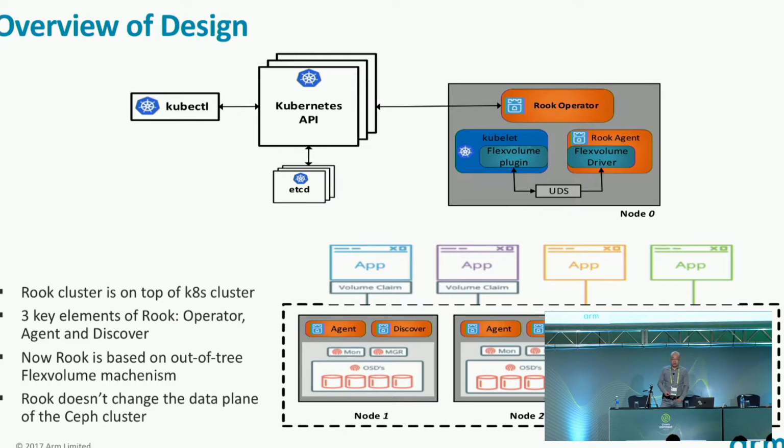So this is an out-of-tree flex volume mechanism. Out-of-tree means that a third-party storage vendor can develop their own plugin and doesn't depend on the Kubernetes code base. The flex volume driver communicates with the flex volume plugin of Kubernetes through UDS. UDS means the Unix domain socket.